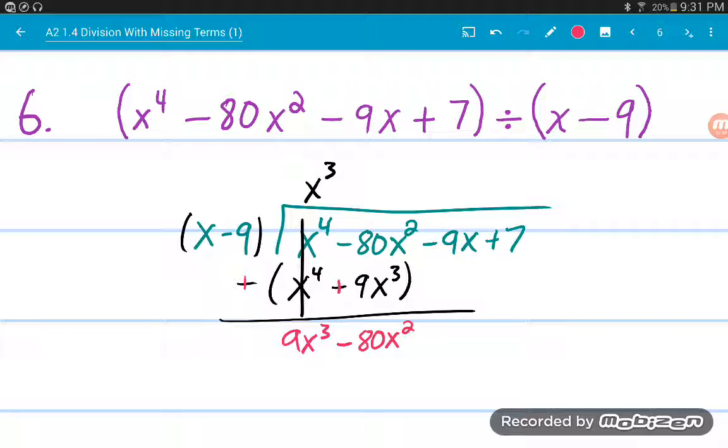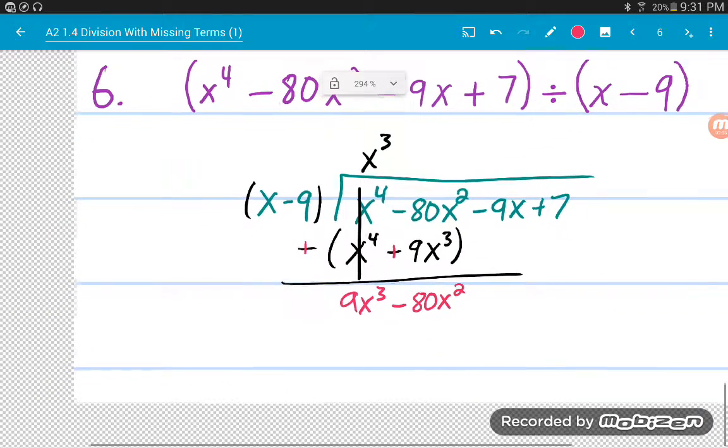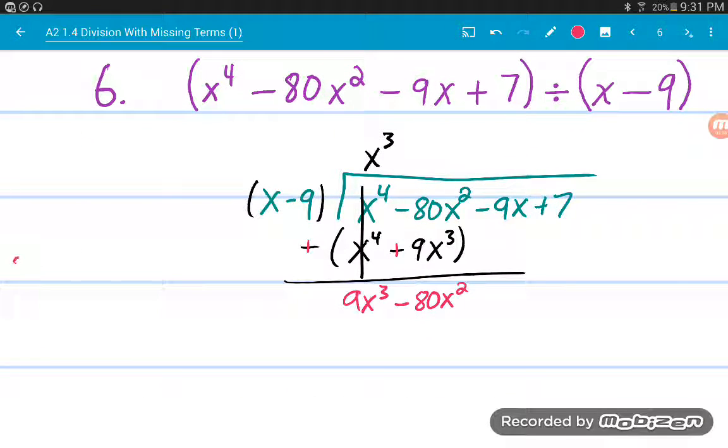That was the trick. That was it. The whole rest of the division is normal. When you have two unlike terms, you can't subtract them.